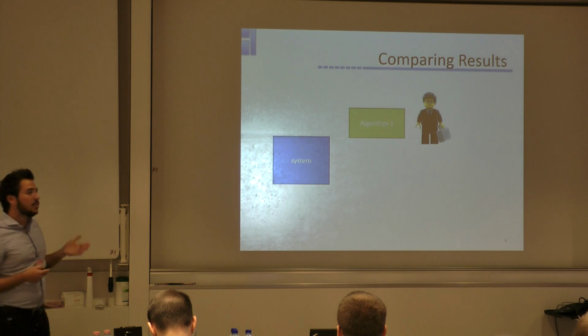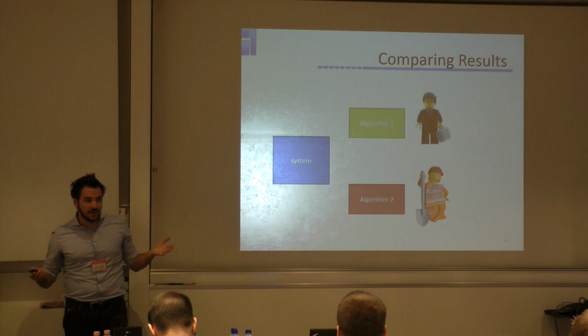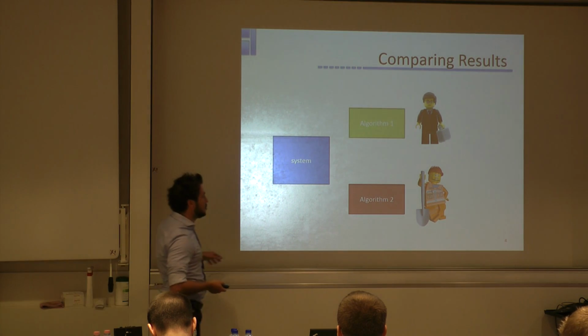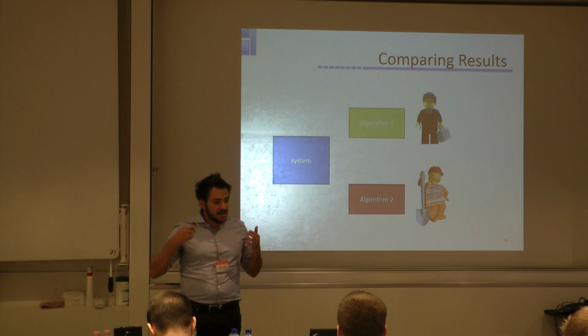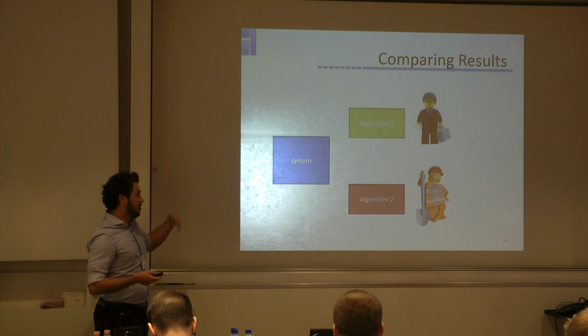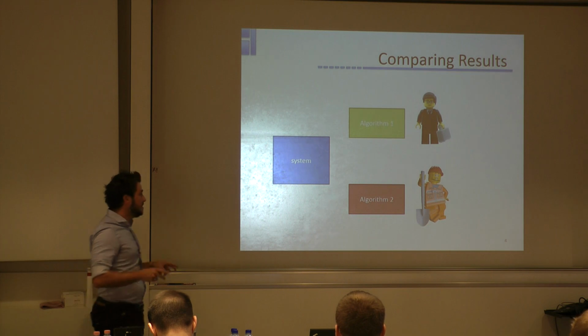So we have to compare this with another algorithm, another solution that's available in literature. We have to do this because we need to check whether our solution is really working with respect to some realistic results, at least realistic.